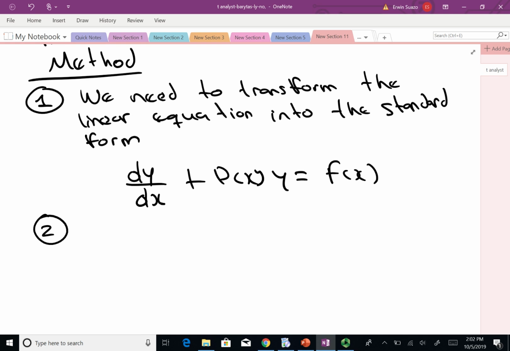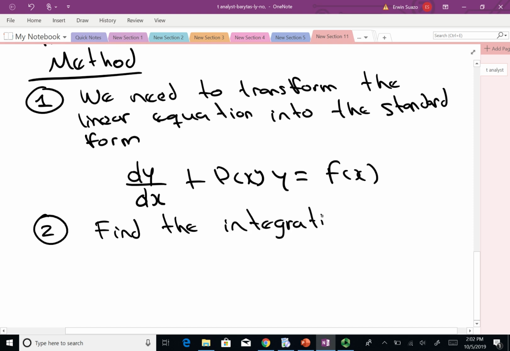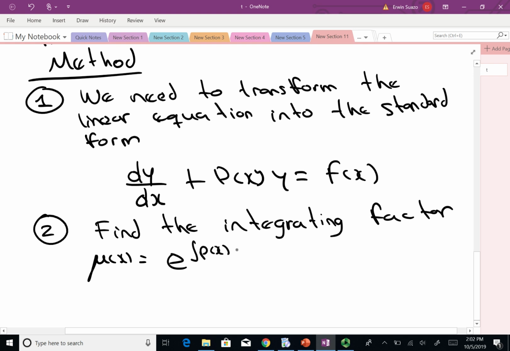It says we need to find the integrating factor. Let's call it mu of x, equals e to the integral of p of x dx.